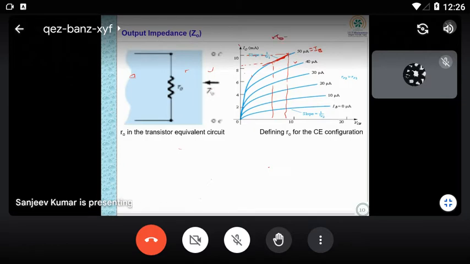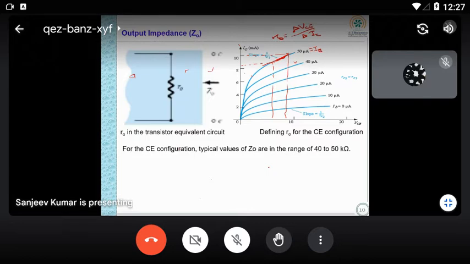So R0 is equal to change in VC by change in IC. But due to this behavior of the output characteristic, you get a very high value, and this resistance and the output impedance are the same.